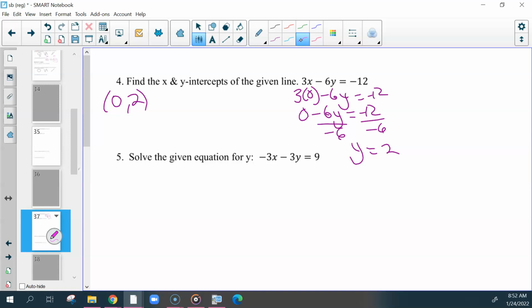And then you would do the same thing for the other one. If you remember that you're putting 0 in for x, or putting it in for y in this case, I could skip these 2 steps. Remember that I'm putting 0 in for y, that term is going to become 0, and just set 3x equal to negative 12, and solve for x.